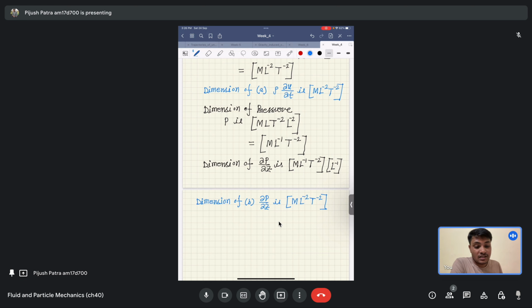So the dimensions of both the sides should be equal. That's why the rho dou u dou t term must be equal to the pressure gradient dou p dou z. That also we can see from here.